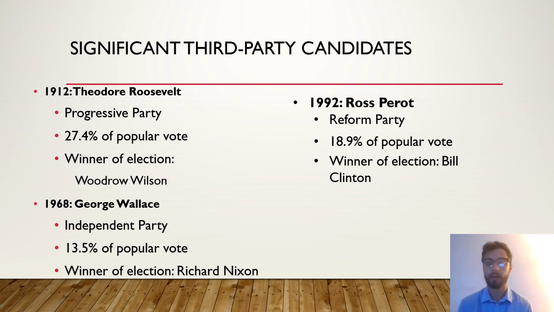Now, George Wallace, after that moment in U.S. history, decided he wanted to run for president and represented those within the United States who were advocates for segregation policies. And those were 13.5% of the general population.